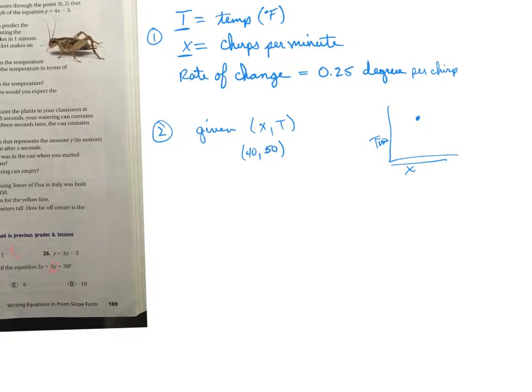And then we're going to write the actual equation, which will be, remember, slope-intercept form, mx plus b. So here it goes. Substituting in, here's my y, 50.